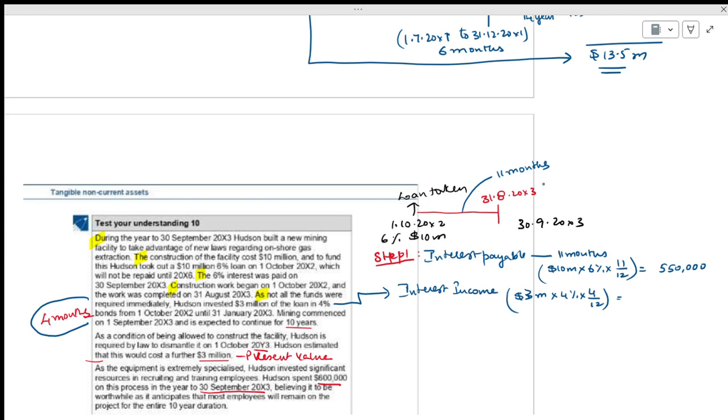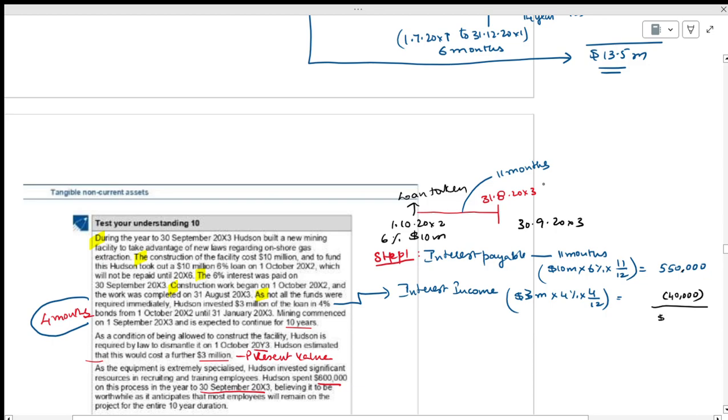How much will you get? 400. 0.04 is nothing but 40. 3 million times 4% times 4 by 12. We have taken this in thousands. We have taken the full amount. Now, what is the amount?